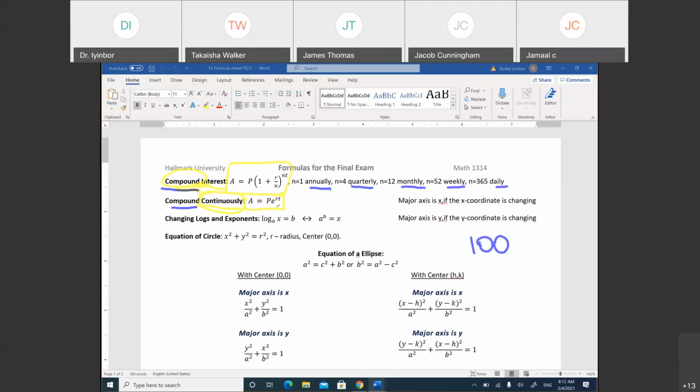But I'm explaining compound interest first. So let's say compound annually. You invest $100, it doesn't matter where, in a bank or in an investment company, for 5 years.